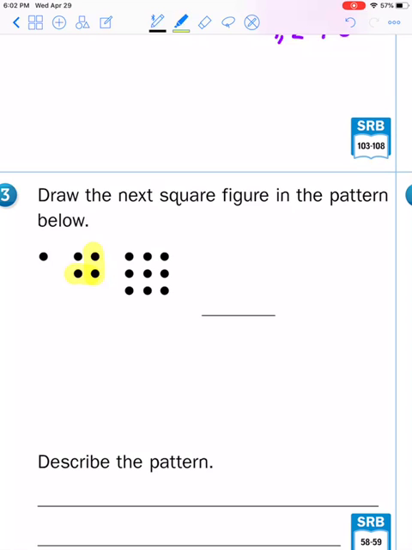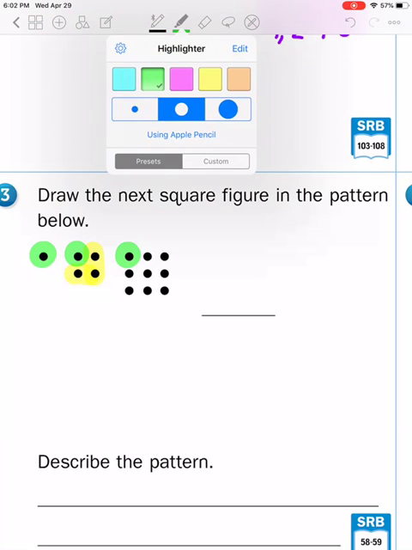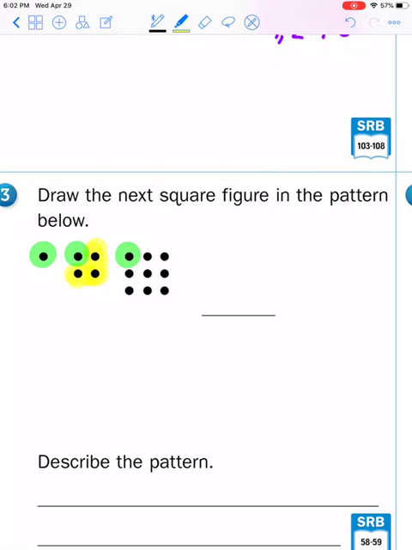So you can see that by, here's 1 dot. So they kept that 1 dot. And then they added a row and a column. So a row and a column. And then the final one, they added a column and a row.